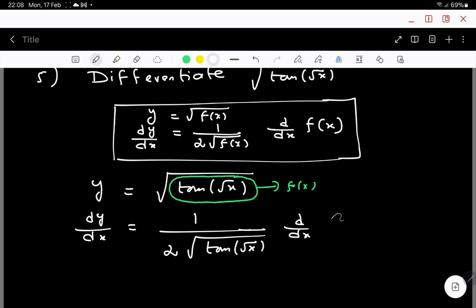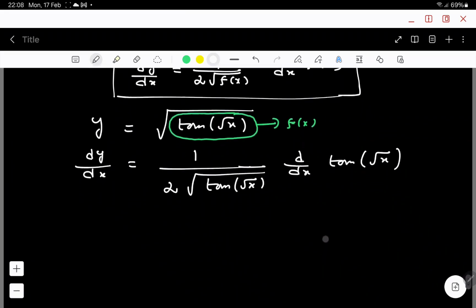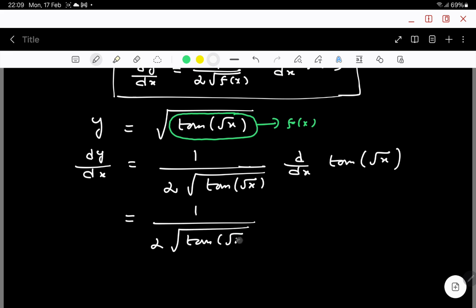So d by dx of tan root x. We know d by dx of tan x is secant square x. We apply the same formula: secant square root x, again differentiating root x. If it is tan x, we get d by dx of x is 1, but here we get the term as root x. So 1 by 2 times tan root x into secant square root x, again differentiating root x, that is 1 by 2 root x.